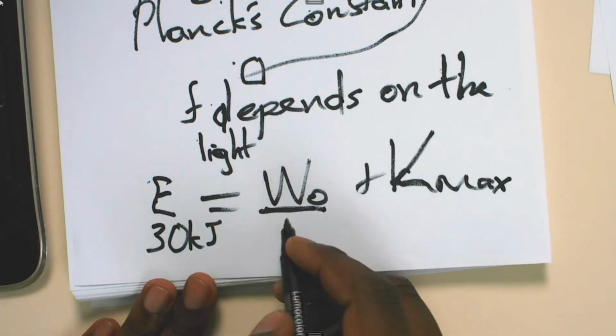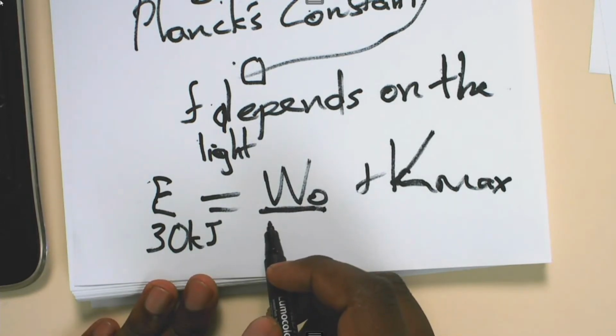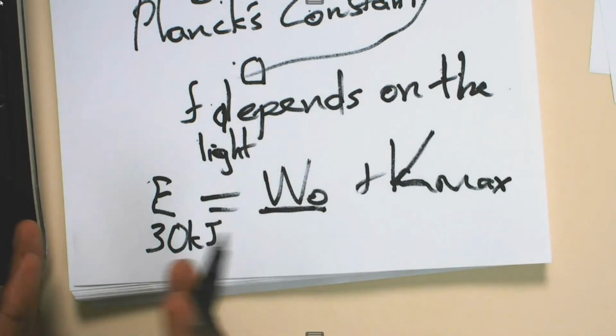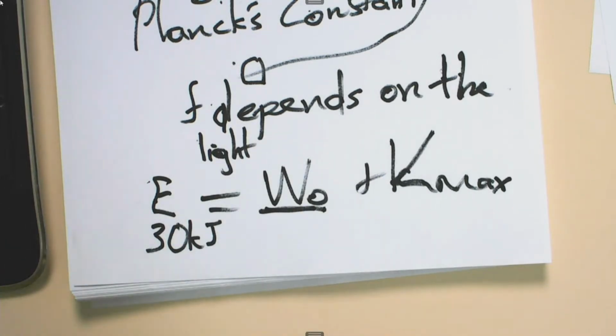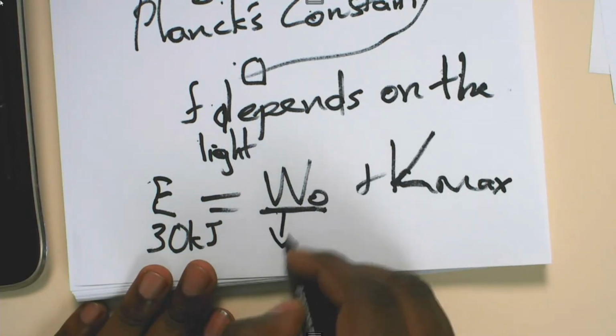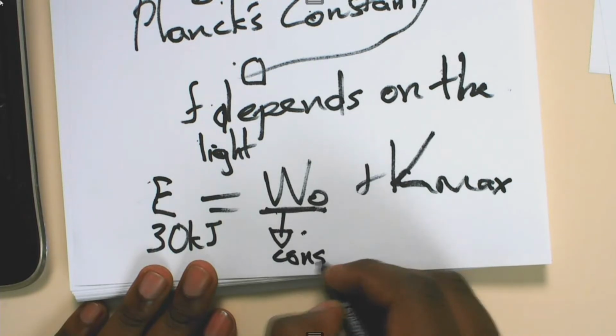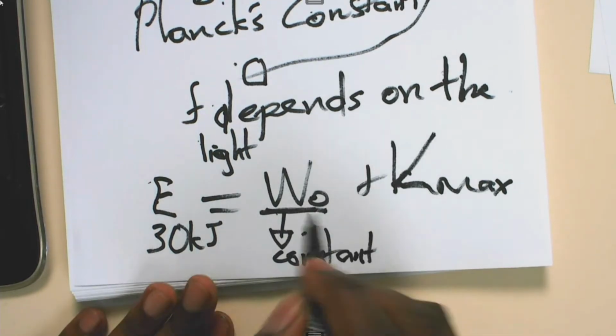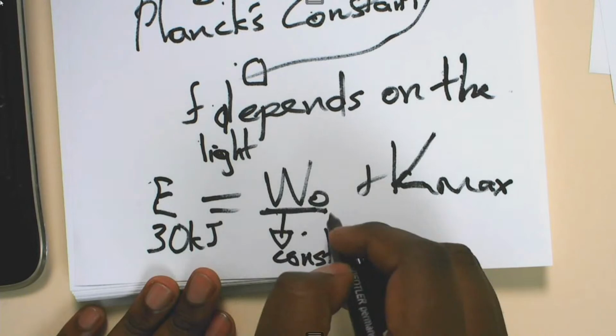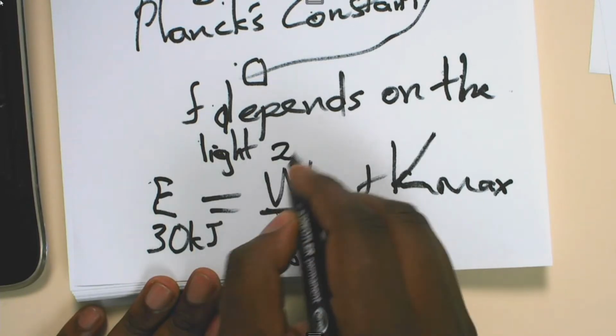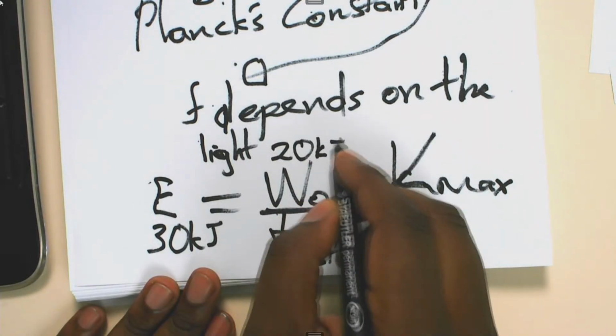So the only time the work function will change is when we change the type of metal that we are using, maybe when you move from copper to zinc, or from platinum to silver, whatever metal you are moving to. So this one will be constant, because we are still using the same metal. Now it is 30, but because we are still using the same metal, here we'll still have 20 kilojoules.